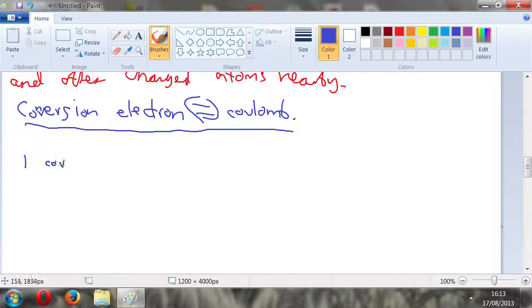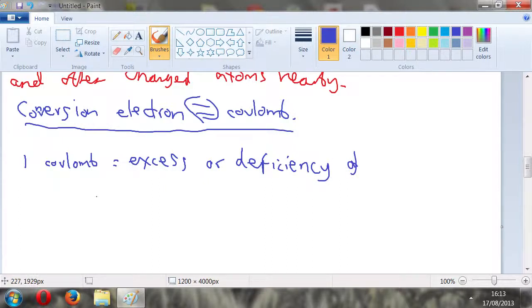So 1 Coulomb is going to be an excess or deficiency of electrons, because we can go either way. So that's this number here.